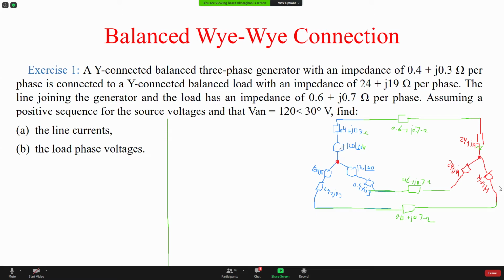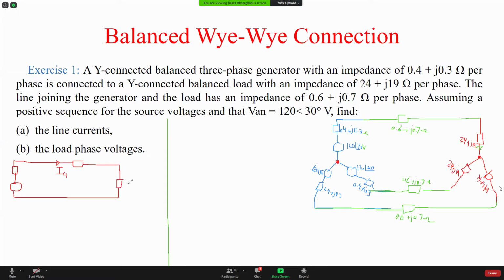So I see source, impedance, impedance, and impedance. So it's a source, then the impedance of the line, then the impedance of the load. Then we have the circuit completed. And this is the current IA, the line current here.